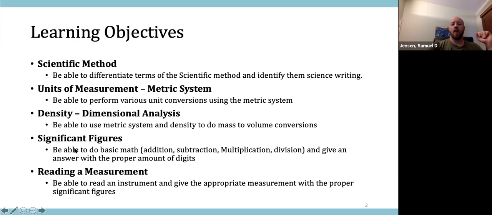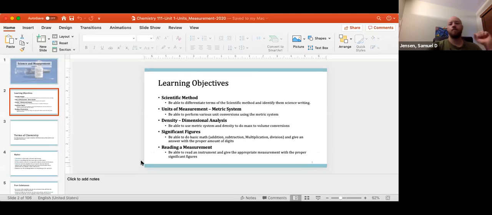How many decimal places should my answer have? Kind of thing. Reading a measurement: if I give you a picture with a scale on it, you can tell me what the measurement is supposed to be. That is the focus for our quiz for next week.